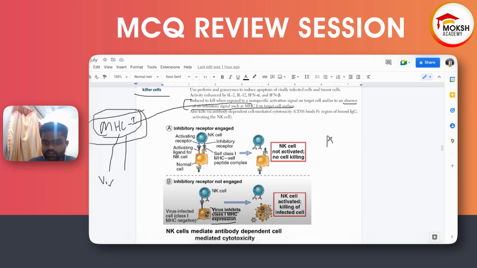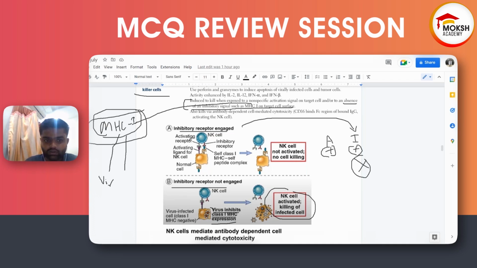One is activation signals and one is inhibitory signals. Whenever there are activation signals, natural killer cells will start engaging and kill the cell. But whenever there are inhibitory signals, it will rely on the inhibitory signals and won't kill the cell. You can see here there is an activation receptor, that is the activation ligand for the natural killer cell, and it recognizes MHC class 1, which is an inhibitory receptor.